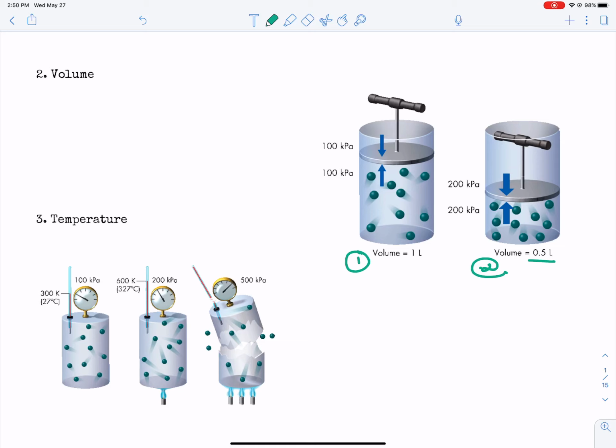When I decrease the volume, I increase the pressure. Again, what part of the pressure am I changing? Well, the force is still the same. The number of collisions is still the same, but I have decreased the area that those collisions happen on.